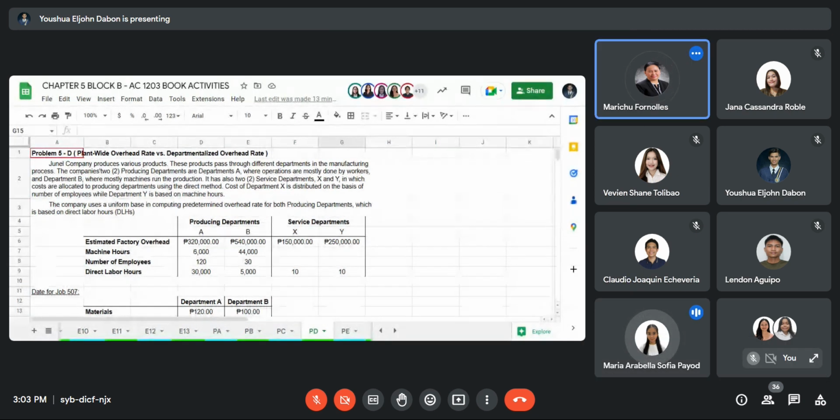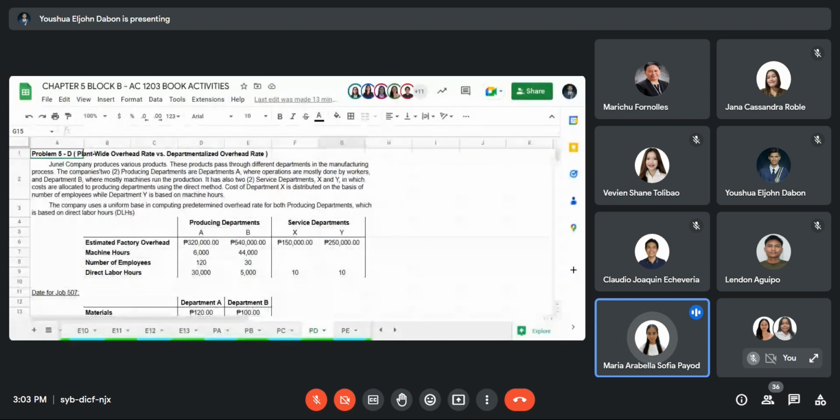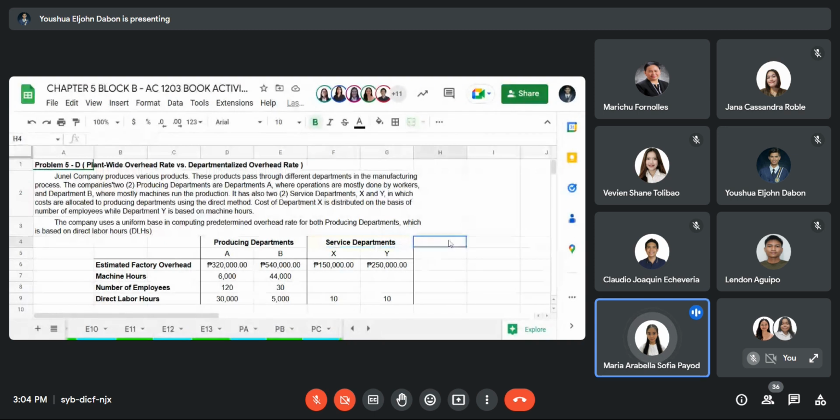Okay, for problem 5D, Janelle Company produces various products. These products pass through different departments in the manufacturing process. The company's two producing departments are Departments A, where operations are mostly done by workers, and Department B, where mostly machines run the production. It has also two service departments, X and Y, in which costs are allocated to producing departments using the direct method.